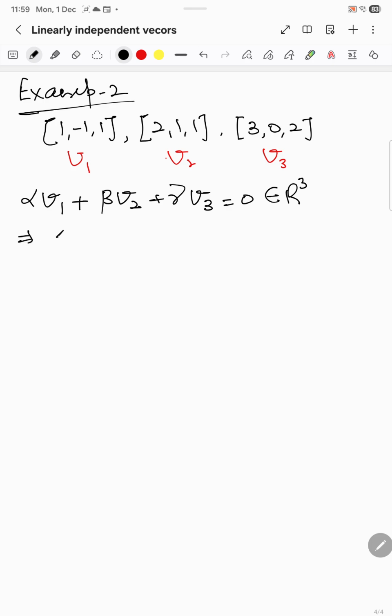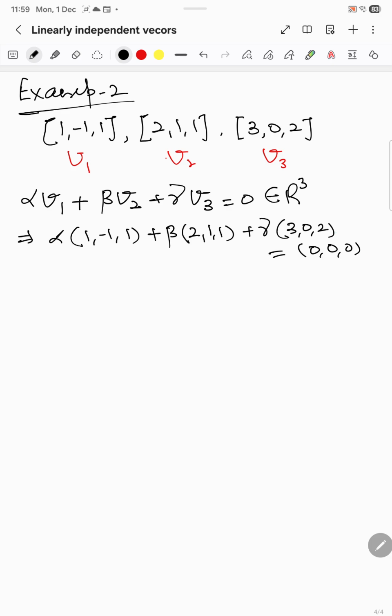So if we put the values of v1, v2 and v3, we are having alpha times 1, -1, 1 plus beta times 2, 1, 1 plus gamma times 3, 0, 2 is equal to 0, 0, 0.